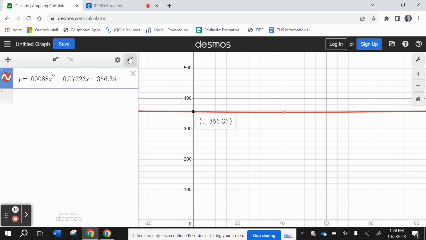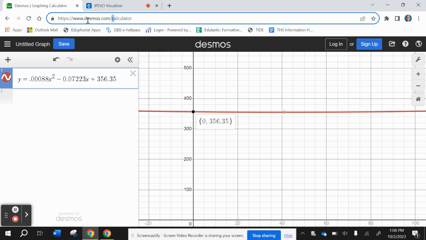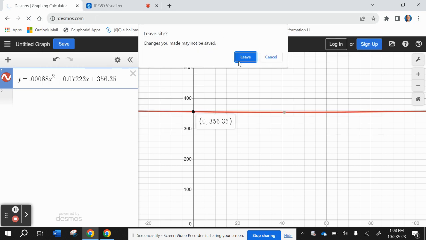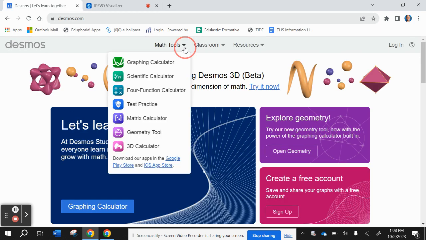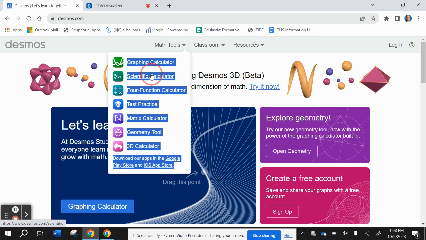Okay, so I'm going to go to Desmos, and I want scientific calculator.